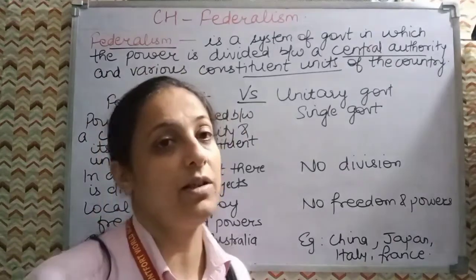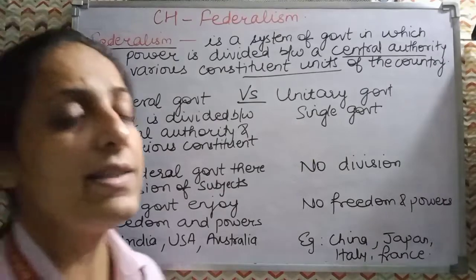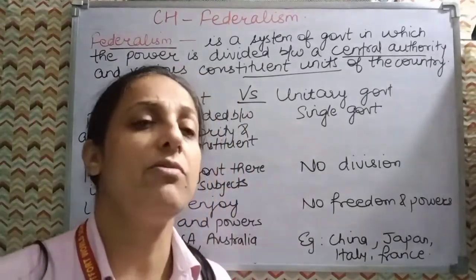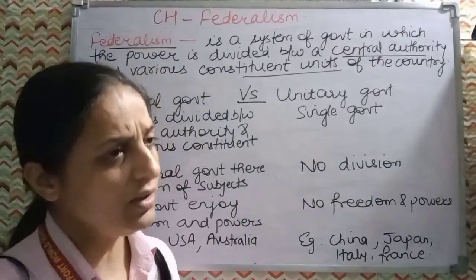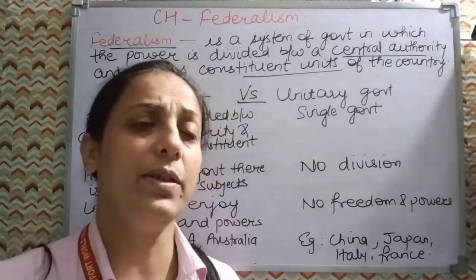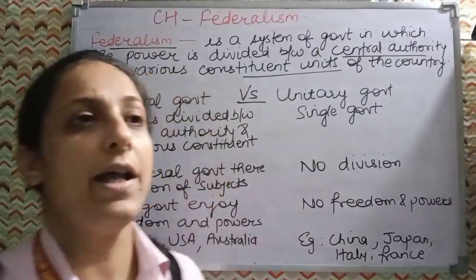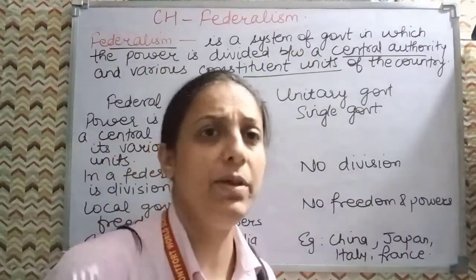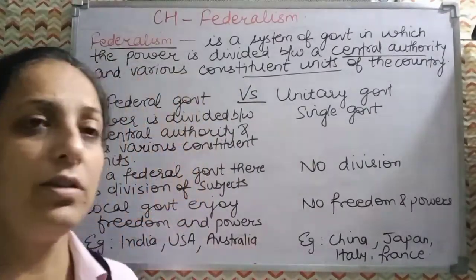In the case of unitary government, there is only a single government and power is concentrated in the hands of the central government only. Other units, the state governments, might be there, but they are subordinate to the central government, and powers are given to the state governments by the central government only. This is different from the federal government.